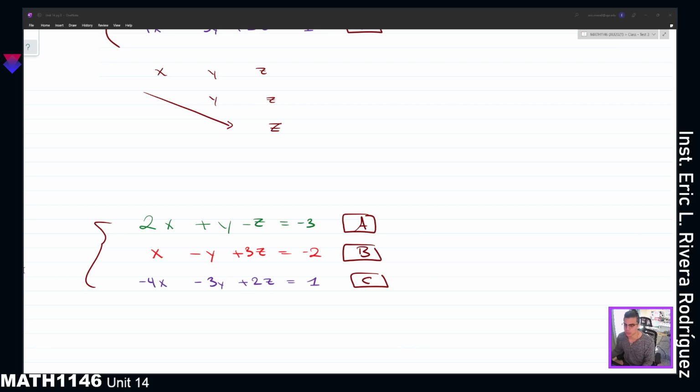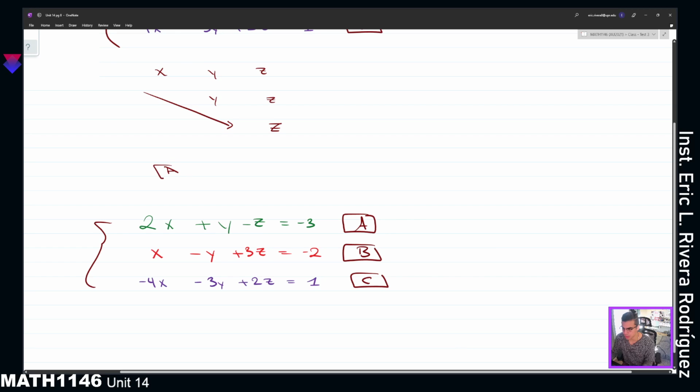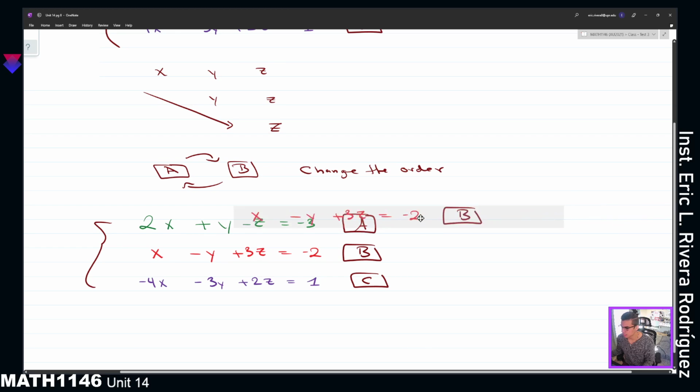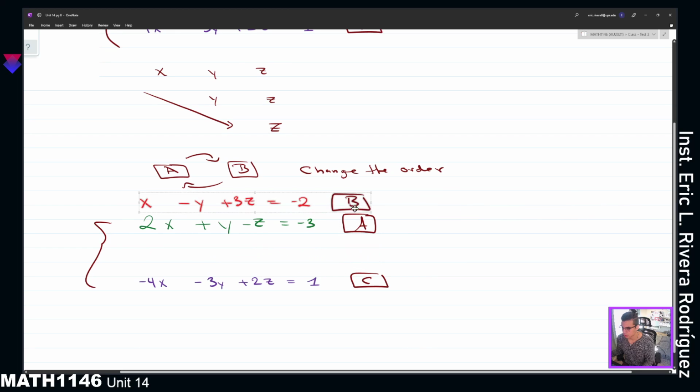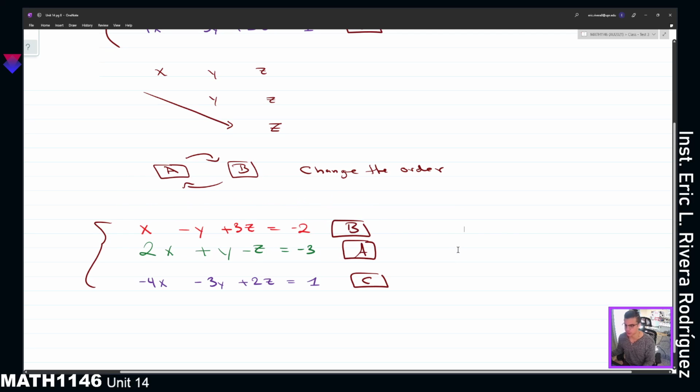So what I'm going to do is change the order. Equation A and equation B are going to change the order. So let me move equation B on top of equation A. I just change the order.